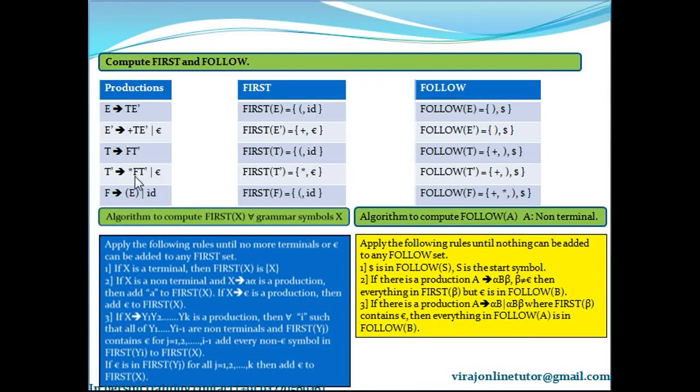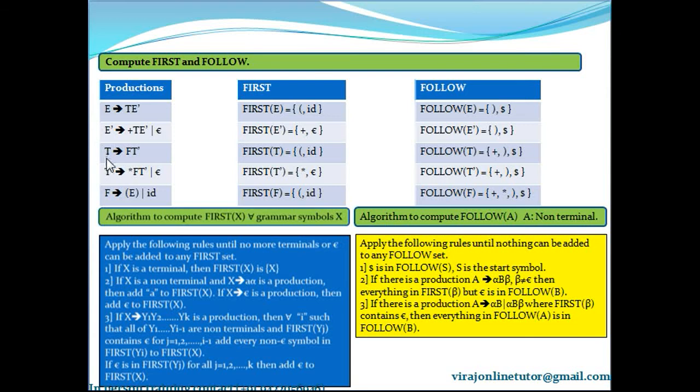I don't move ahead. Let's take the next production of t dash. The next production of t dash gives epsilon. What is first of epsilon? Epsilon. So add it here. So the very first point I had mentioned, first of terminal is a terminal. First of epsilon is a epsilon. And the third possible rule is x gives y1, y2 till yk. Correct?